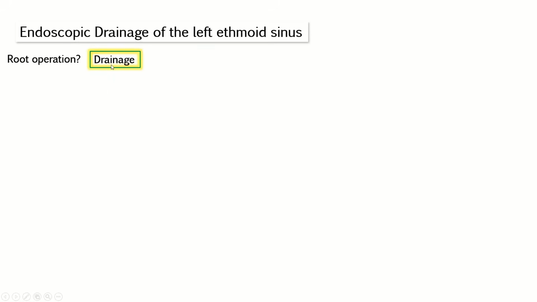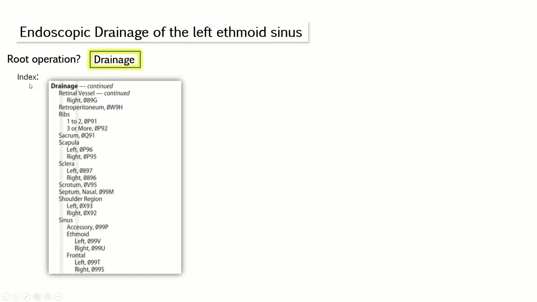So we're going to take that drainage and look it up in the index. Drainage, what are we draining? We're draining the sinus. Yes, which sinus? The ethmoid, right here, right underneath. Which one? Left. There you go.